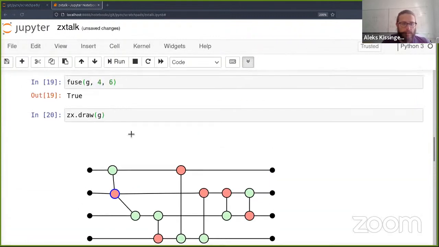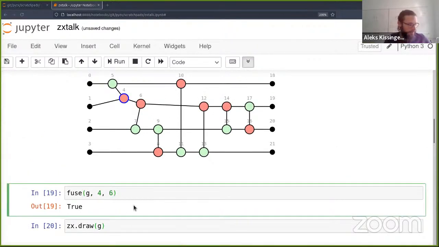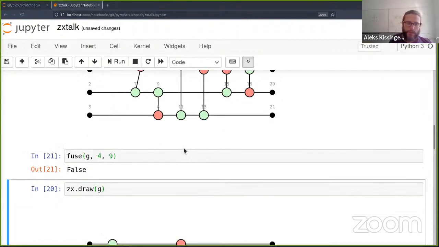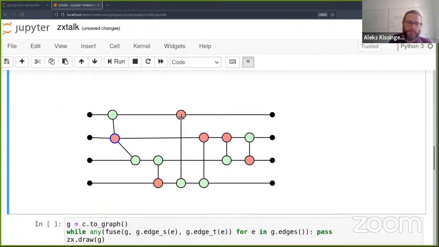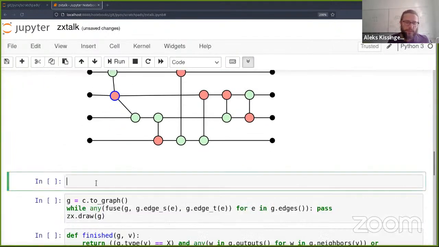Okay, so a useful thing about this returning true when it matches: if I put say 4 and 9, it should return false. So if it doesn't match, it just returns false, and it's a no-op. A useful thing about that is I can use some nice Python code writing patterns. So I can wrap that.